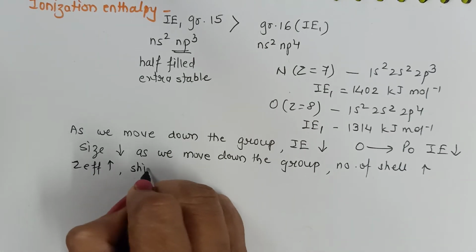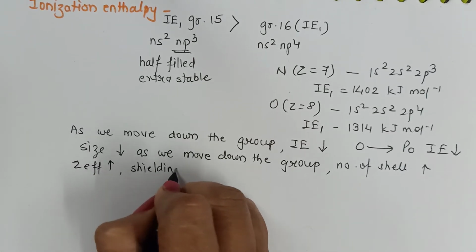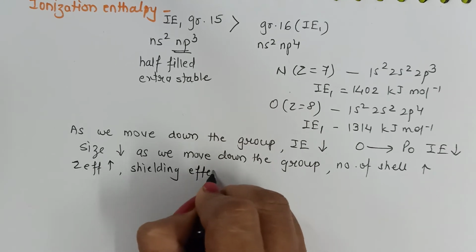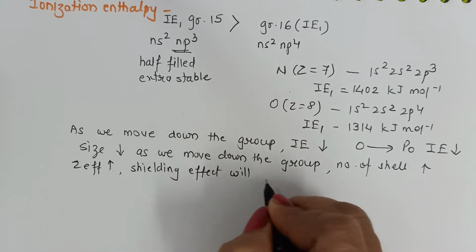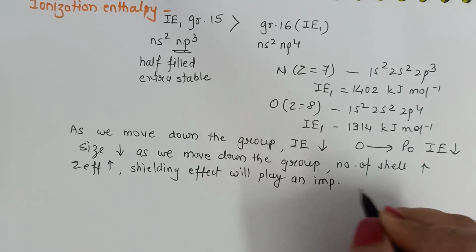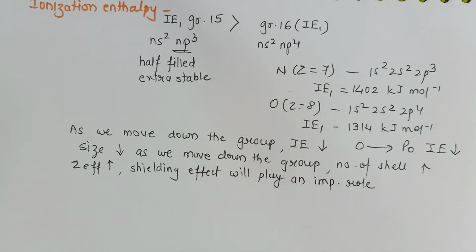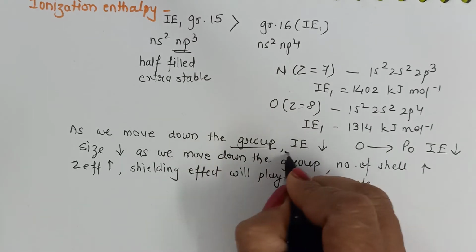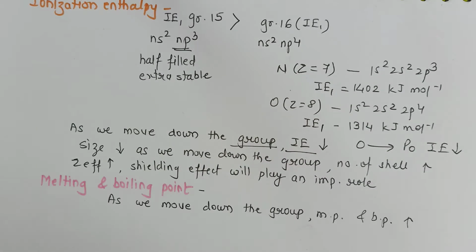But there will be an important concept that will play its role, that is the shielding effect. And as a result, the outermost electrons will face least interaction with the nucleus. They can be removed very easily, and therefore as we move down the group, ionization enthalpy decreases.